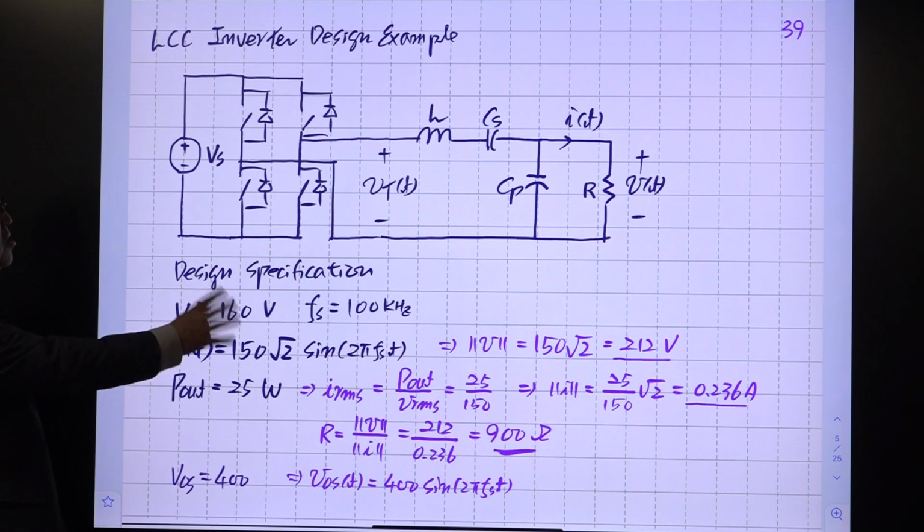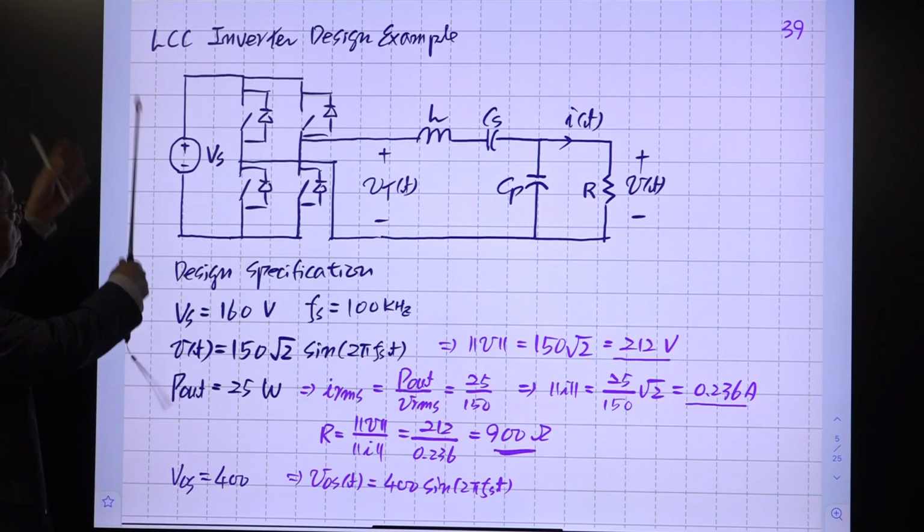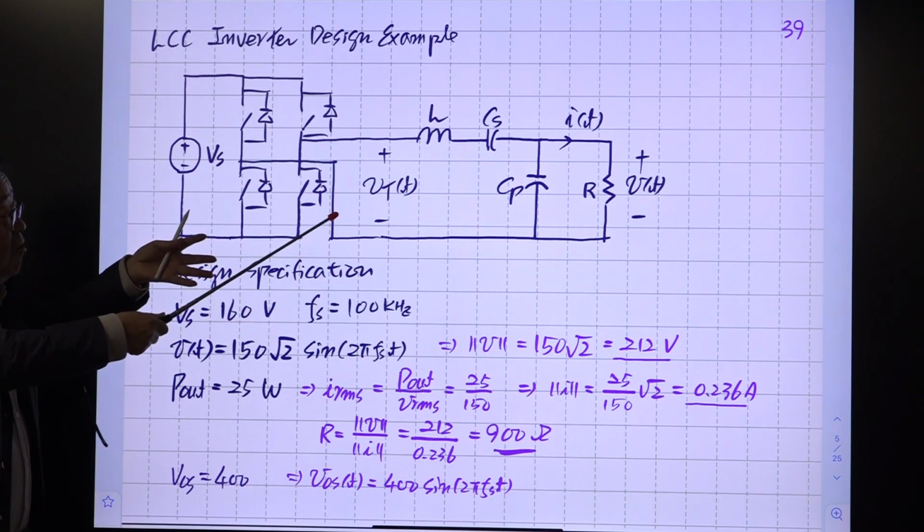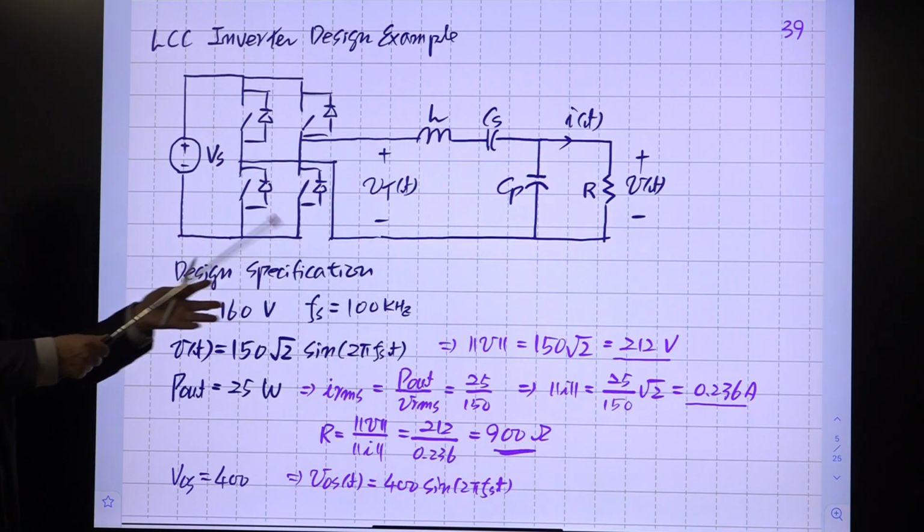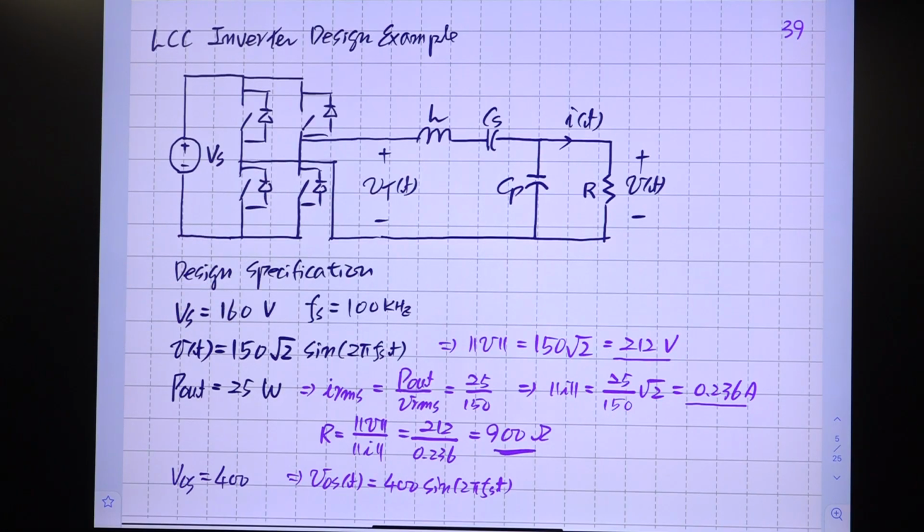Okay, so this is specified from the input voltage, output current, output voltage, output power, all right? But we need at least one additional piece of information to design the tank circuit. So another specification is this one. The open circuit voltage, the magnitude of that, is this one.